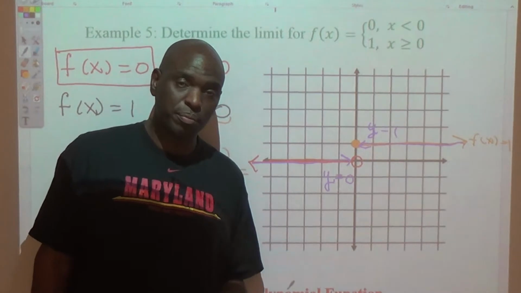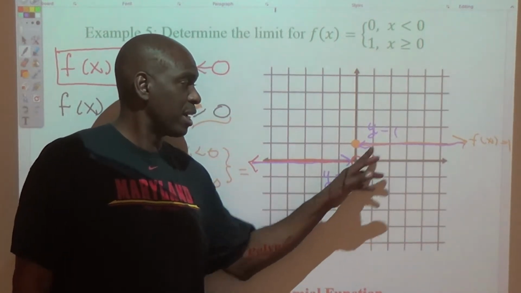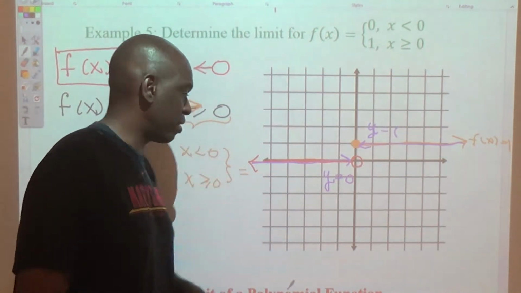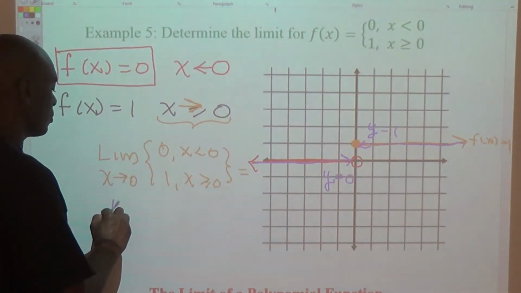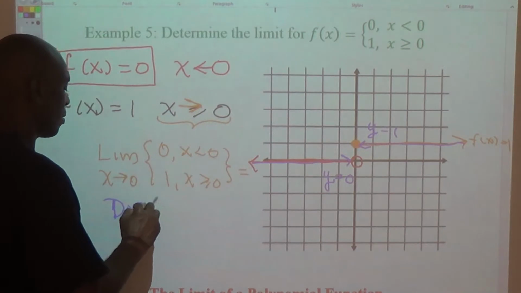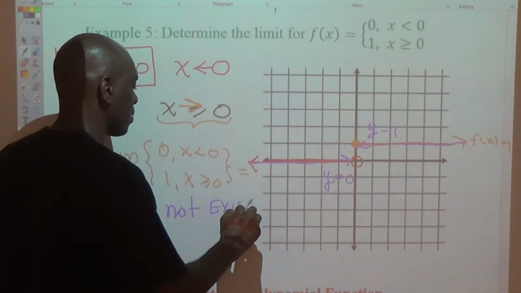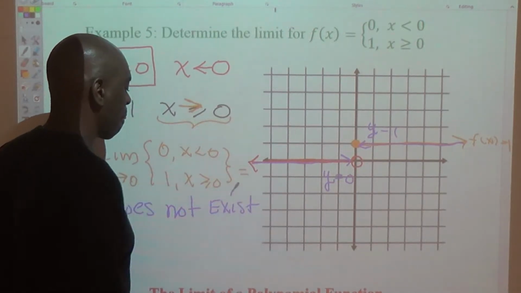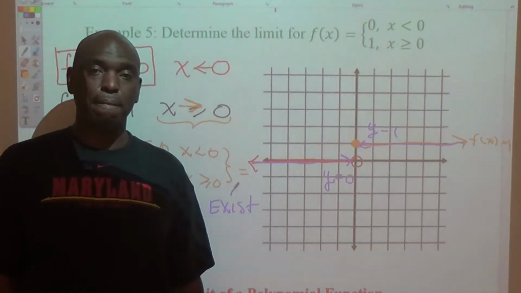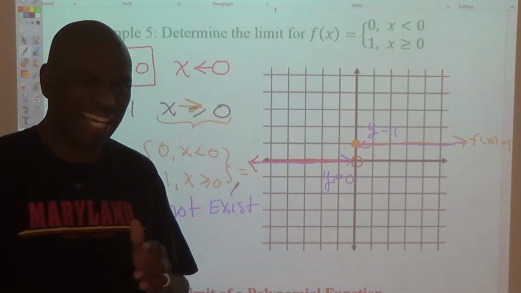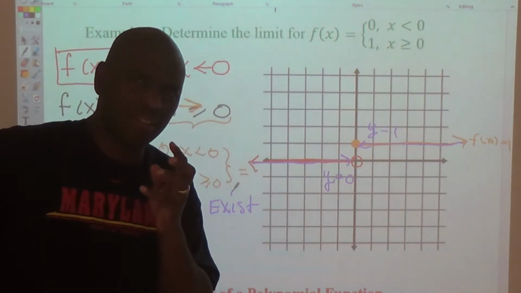We have a problem. 0 does not equal 1. So this limit does not exist. Doesn't exist. Now, if you're still saying, wait, Mr. Wright, I still don't get it.